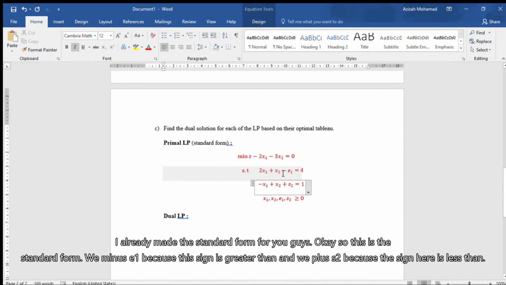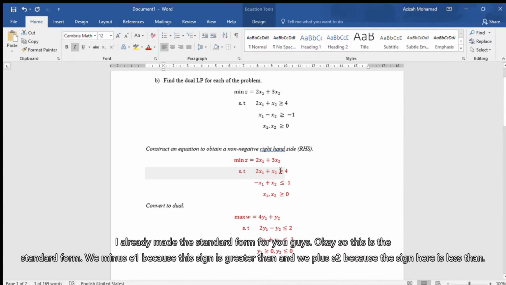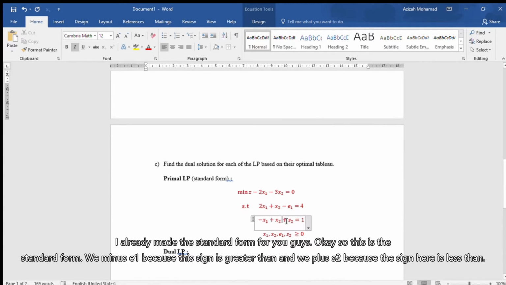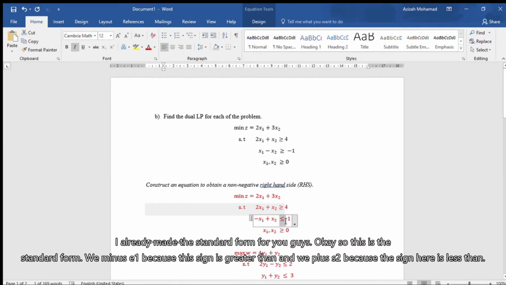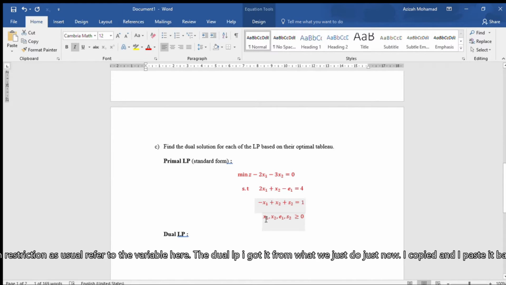Why did we minus E1 here? We minus E1 because the sign here is greater than or equal to. And we plus S2 here because the sign here is less than or equal to. And the sign restriction is as usual, referring to the variables here.